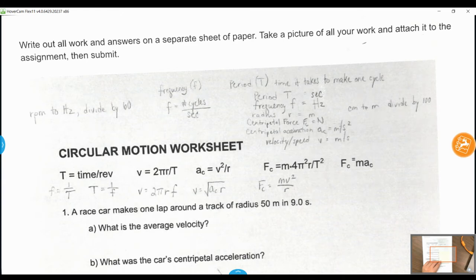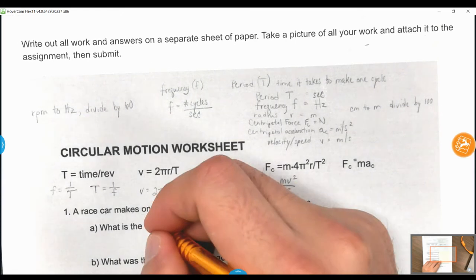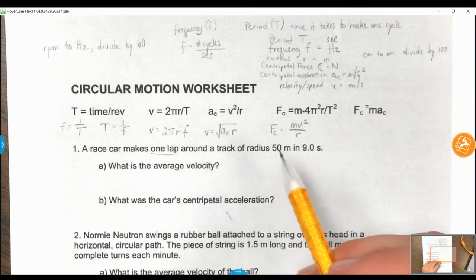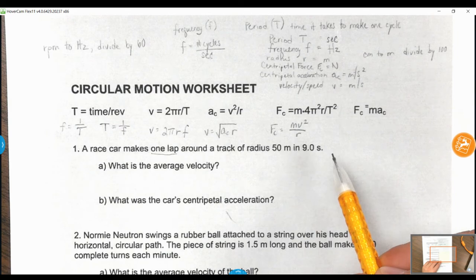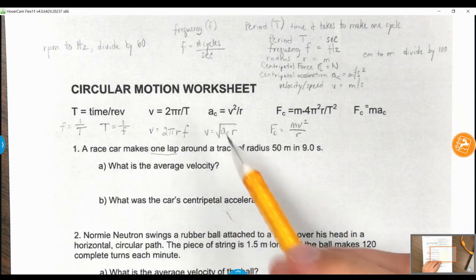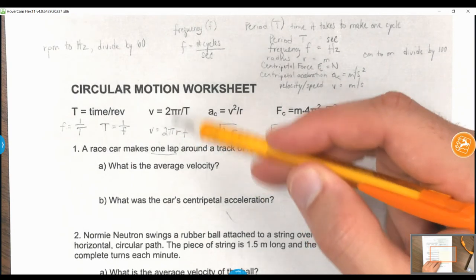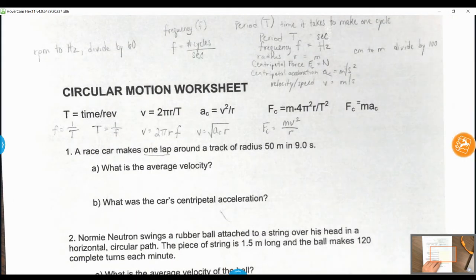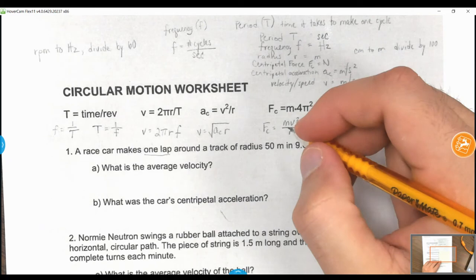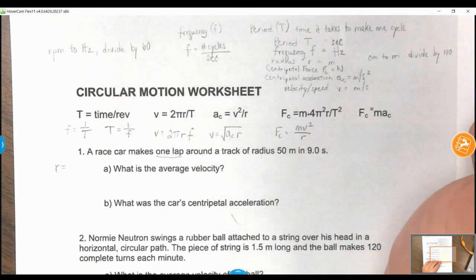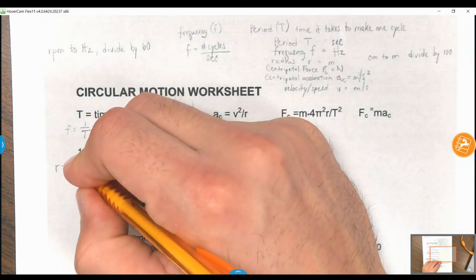All right. So if a race car makes one lap around a track that has a radius of 50 meters in 9 seconds, what is the average velocity? So for velocity, we're pretty much looking at one of these two equations. But right now I feel like I'm only given one thing, that the radius is 50.